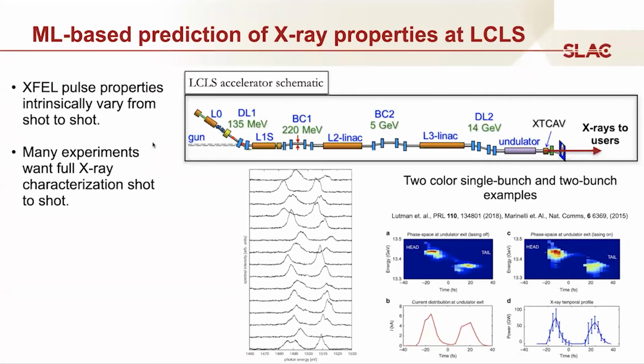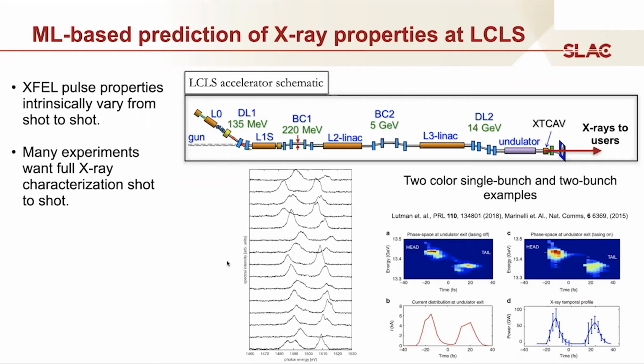And the reason that these experimenters wanted to do this is that the way that the X-rays are generated in the FEL process here at SLAC and at many FELs around the world is through the SASE process, the amplification of spontaneous emission, and that intrinsically varies from shot to shot because of the shot noise microbunching changing on a single shot basis.